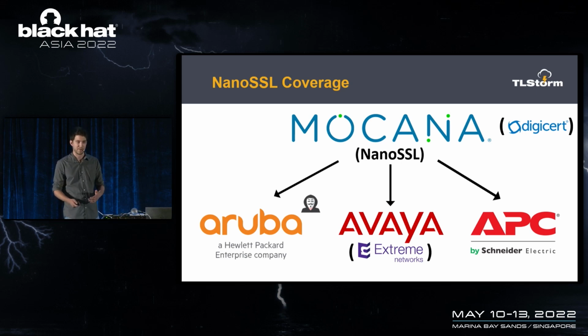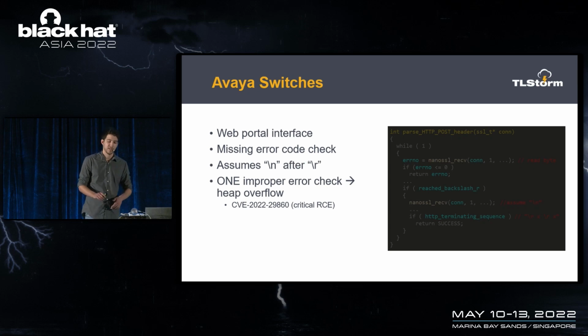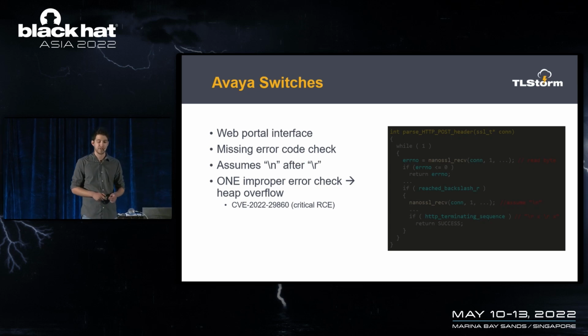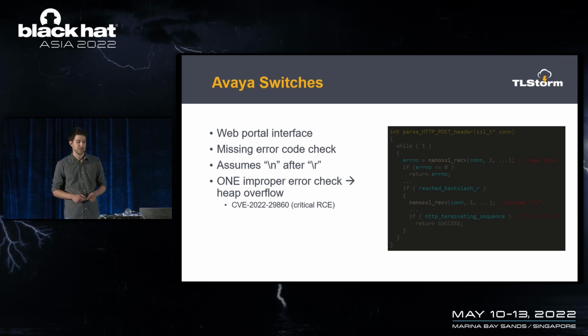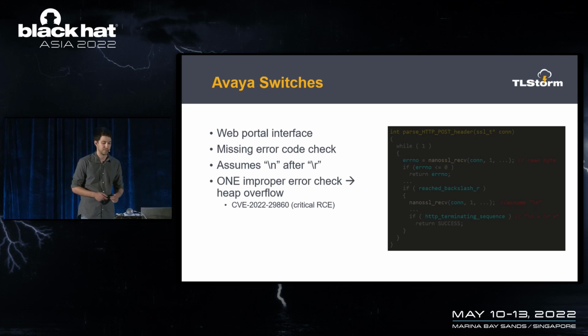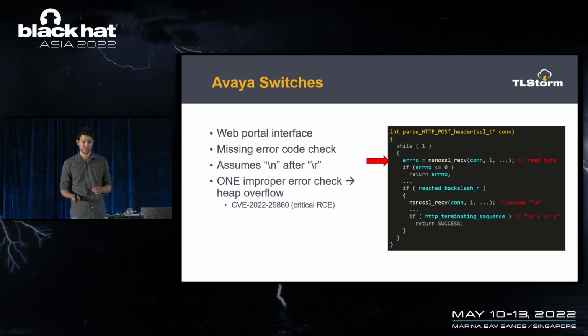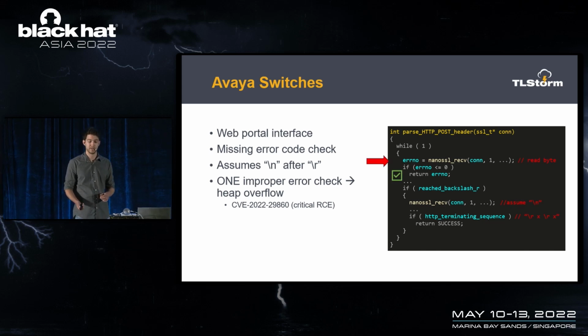Now for the next name, Avaya. This code is responsible for parsing the HTTP post header in the web portal interface. It is also a missing error code check, and it stems from the assumption of the code that there would be a \n after a \r. If we take a look here, there is a call to the receive API, which is properly handled, another call to the receive API, which is not properly handled.